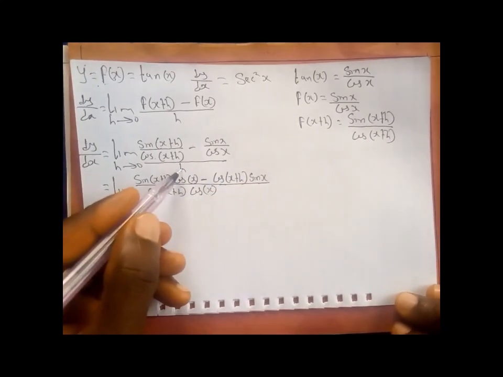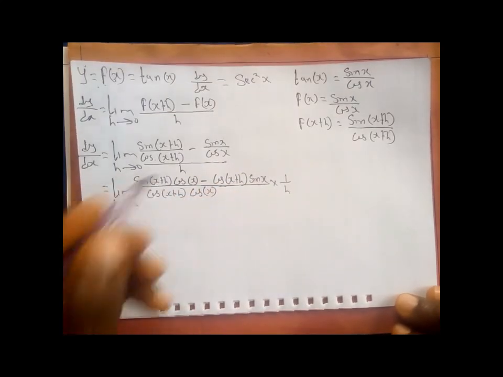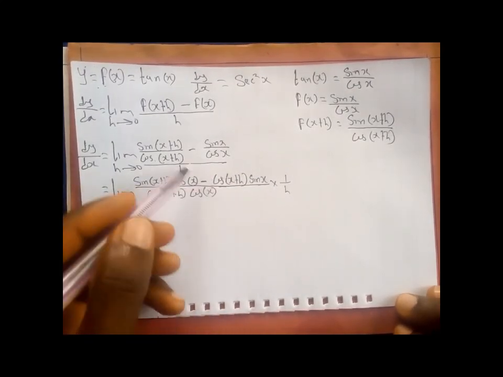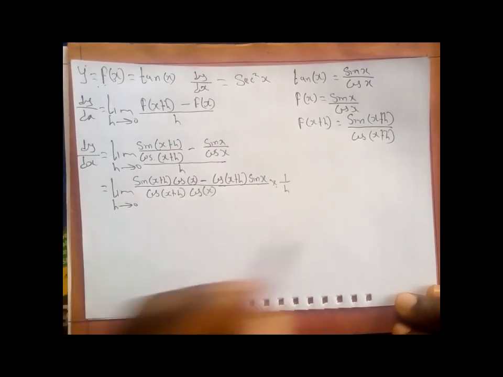Perfect. Now the h will be multiplied as 1 over h. We're just trying to flip it: it's divided by h, so it will be times 1 over h. Now let's multiply this.